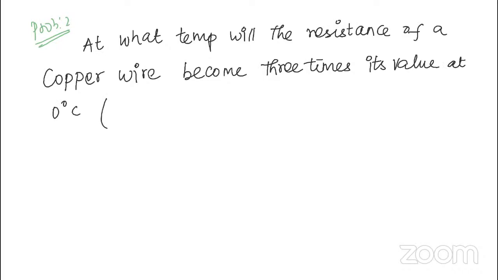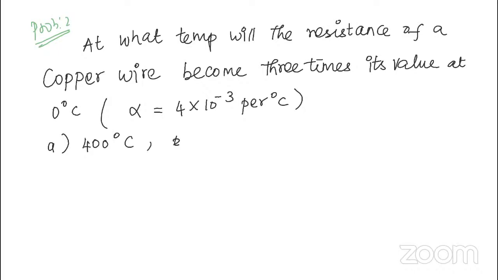Here they are given the temperature coefficient of resistance alpha, which is 4 into 10 power of minus 3 per degree centigrade. Now they are given the 4 options: A, 400 degrees Celsius; B, 450 degree Celsius; C, 500; and D, 550. Okay.